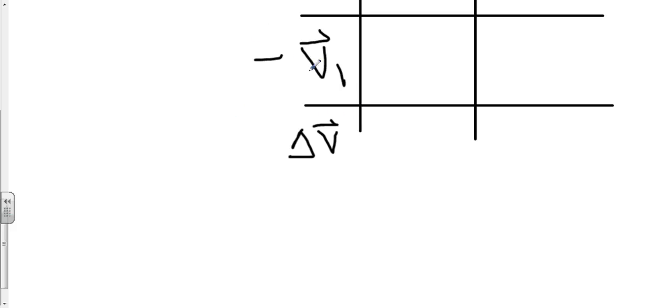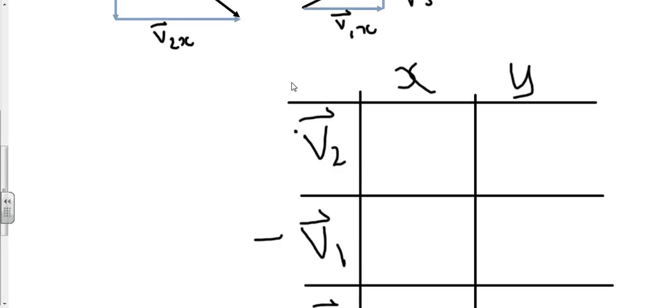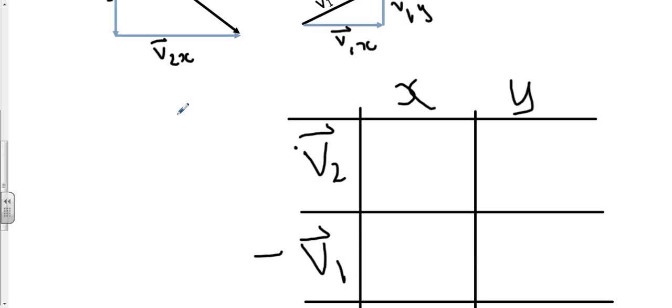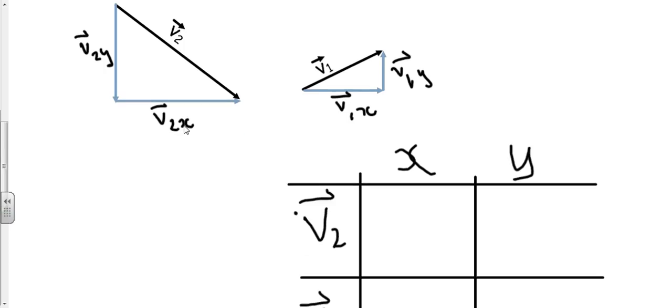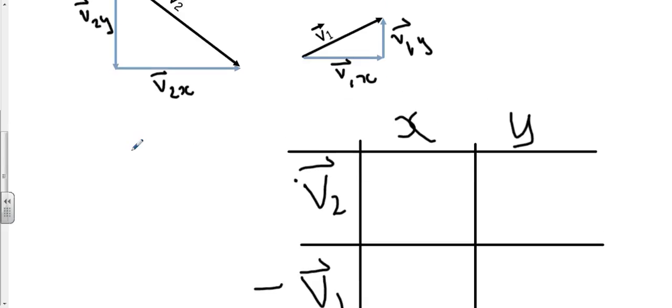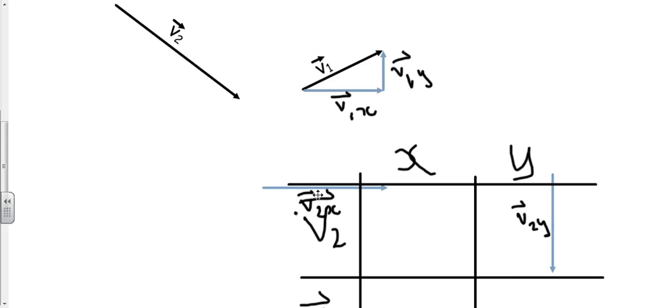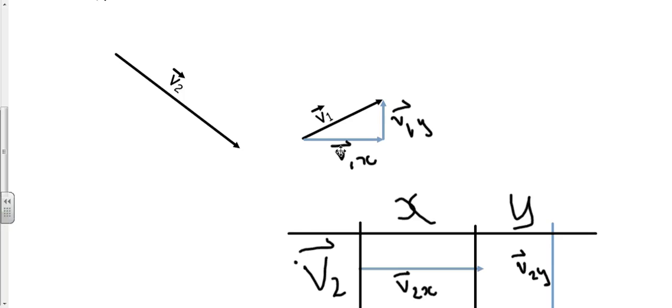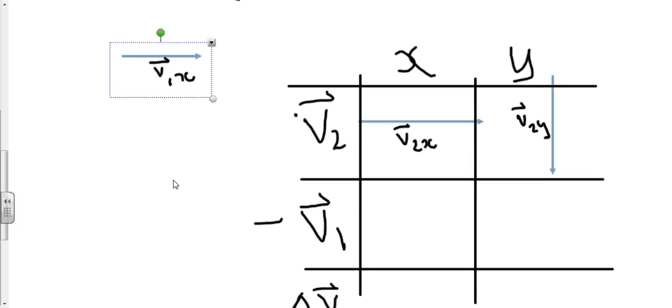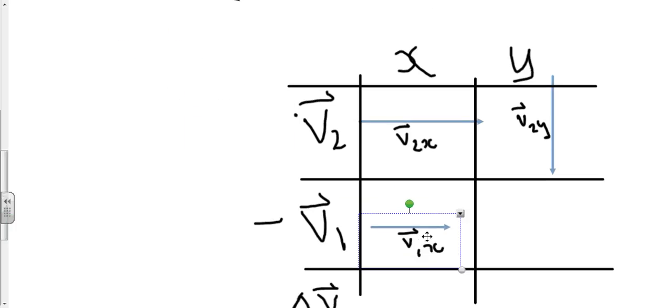Now make sure you indicate the sign of what you're doing. So let's start with v2. The v2 components are both positive. So what we're going to do is we take v2y, that goes here, v2x goes here. And those don't change sign. Now v1x we're going to put here.